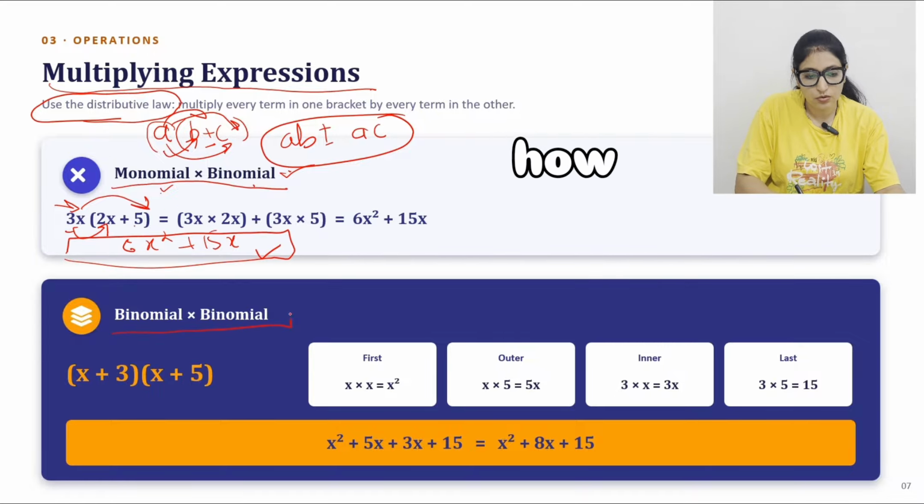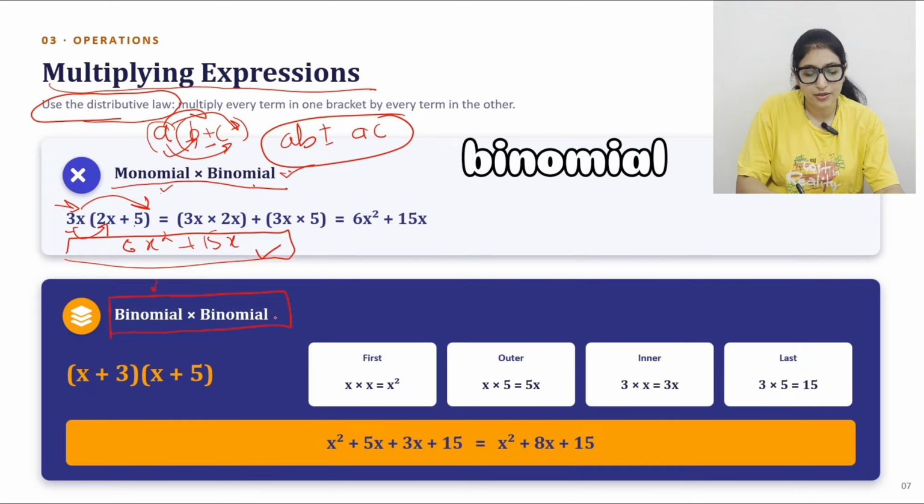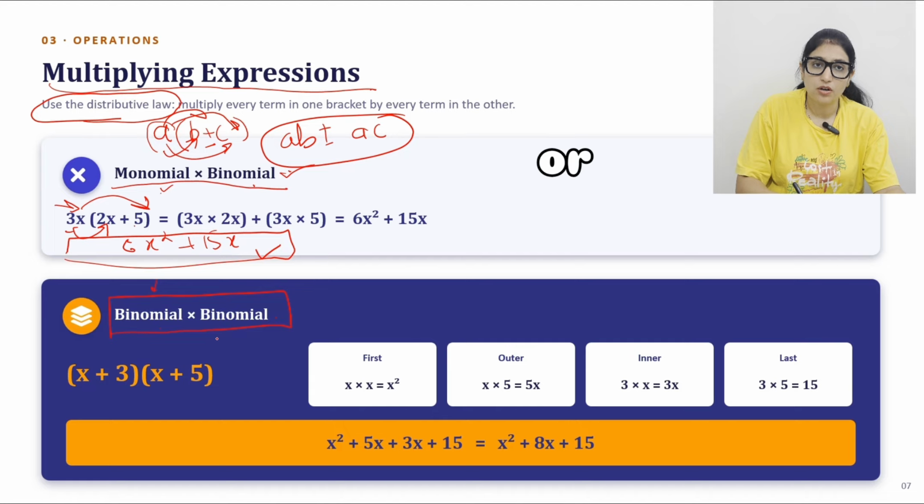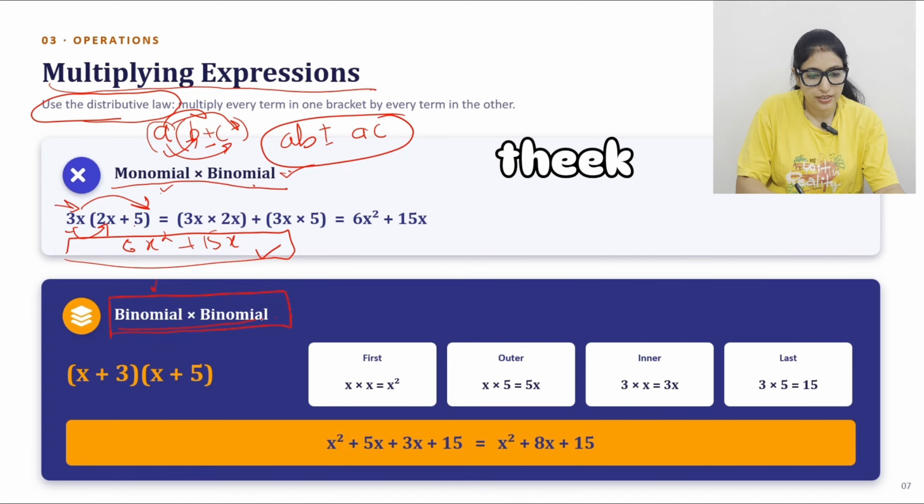Now let's learn how to multiply a binomial by binomial. Again, by using this method, we can multiply binomial by trinomial or polynomial, any. Okay? So the same method will be used. Whatever term is given here in the bracket, the first term will be multiplied by each term which is inside the bracket of the second part.